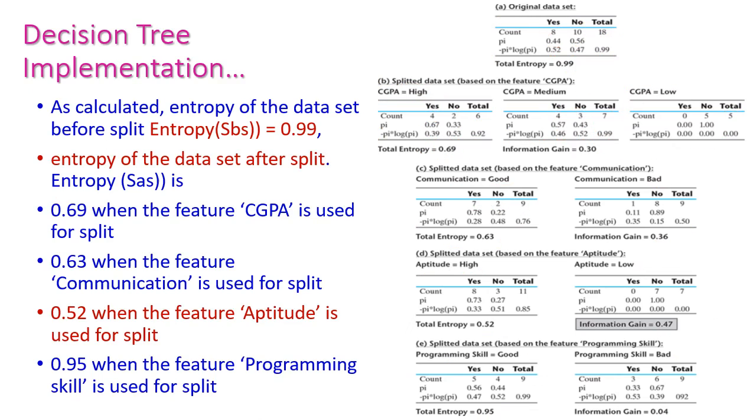As we already saw, the calculated entropy before split is 0.99, and the entropy of the data set after split for CGPA is 0.69, communication is 0.63, aptitude is 0.52 and programming skill is 0.95.